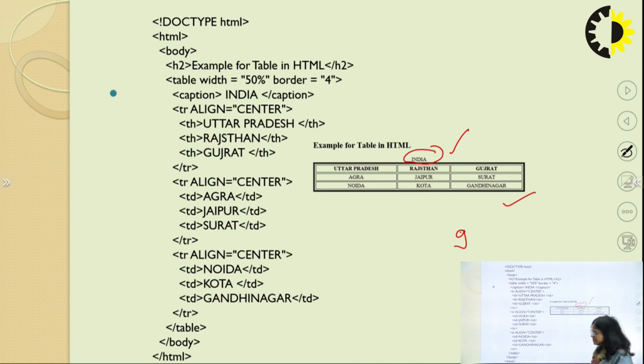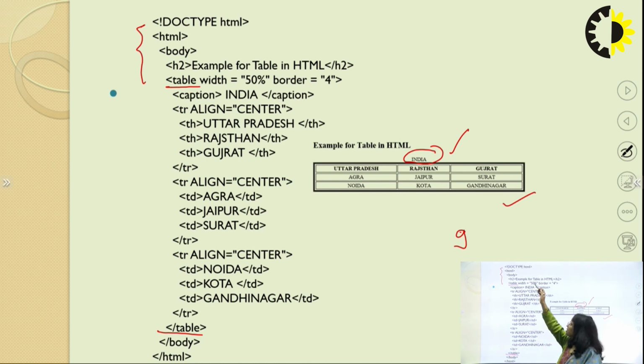So as we discussed in previous slides, if we want to create a table, we must use the table tag. Here we are using the table tag and the corresponding closing table tag is here. Okay. So this is the basic code for creating an HTML document. The first line must be a doctype, and then html, then body, then here we are using the example for table.